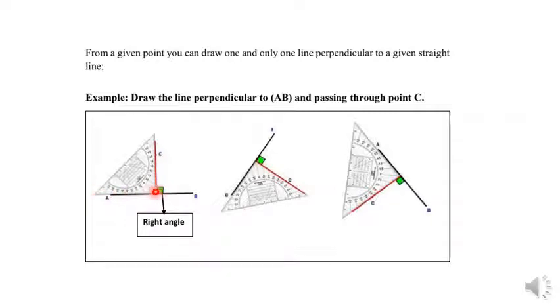One side should be on the line AB and the second side must pass through C. In each of the following cases, as you can notice, the set square will make a right angle. This is a perpendicular line.